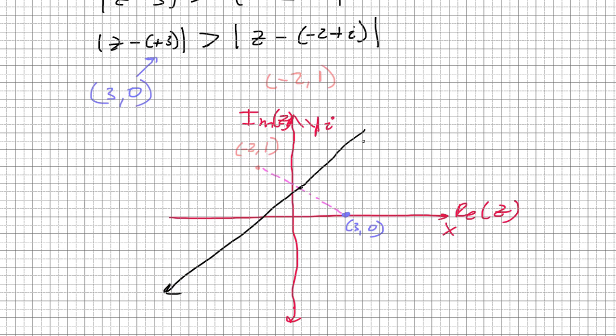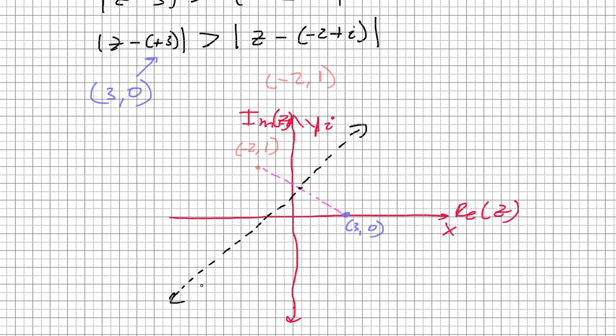But we're strictly greater than, so I can't draw it as a solid line; I've got to have it as a dotted line. So that's our perpendicular bisector, that's the middle line.